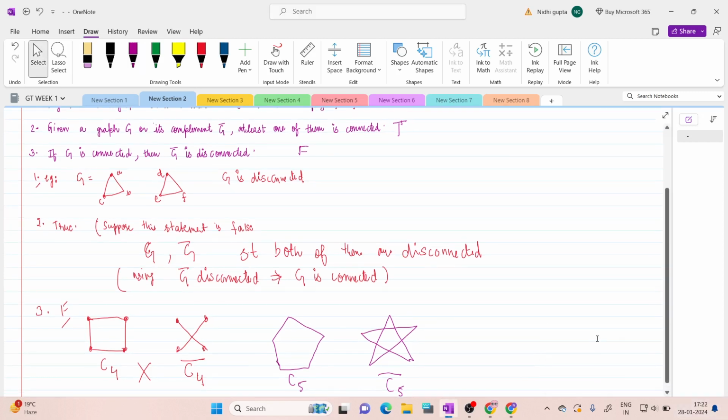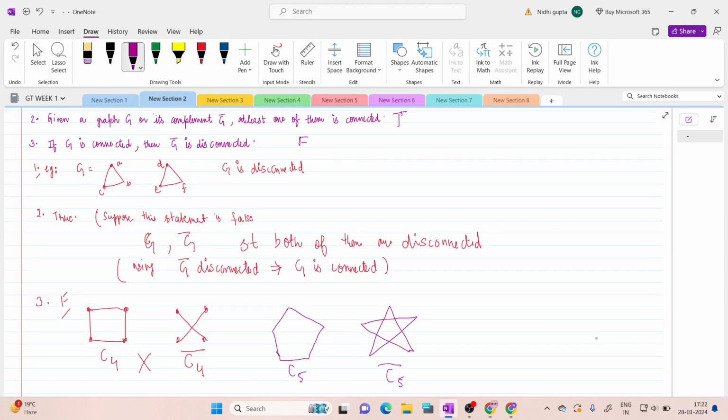For directed graphs, we can have two types of connectivity. One, we can view a directed graph as a simple graph, then our usual notion of connectivity will work. The other is that there is a directed path. Right now we are just concerned with simple graphs, but in directed graphs there can be two notions of connectivity, depending on what you are working on.